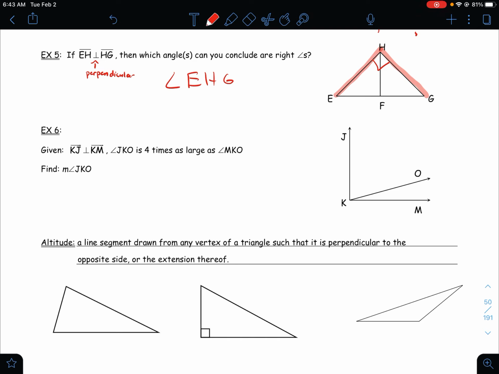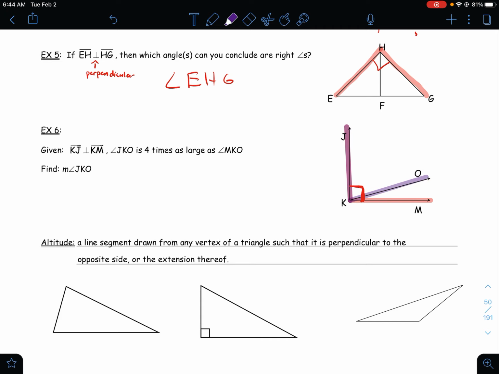For example 6, it says, given that KJ is perpendicular to KM, let's draw that in. We have KJ and KM. They said this is perpendicular, so we can draw in a little box there. It says JKO is 4 times as large as MKO. Find JKO. This is a tricky one.